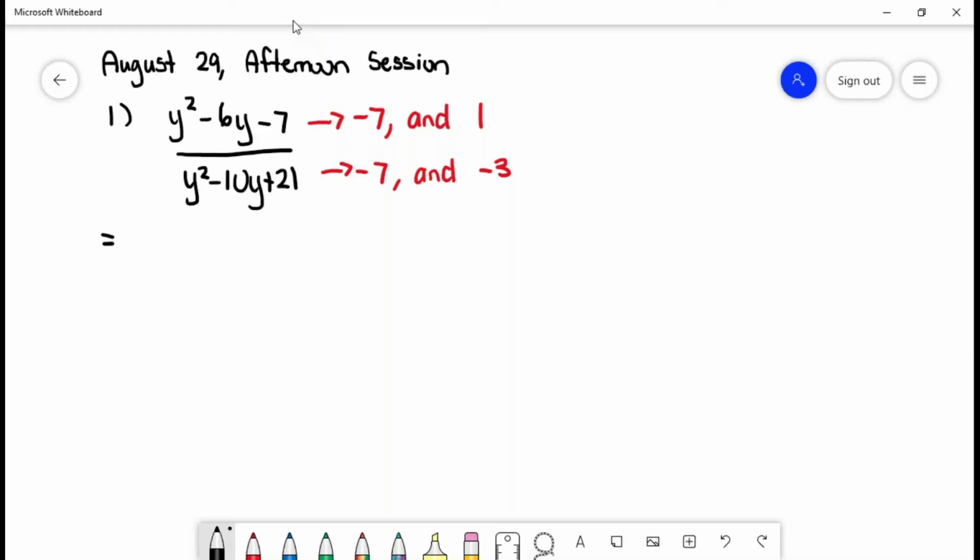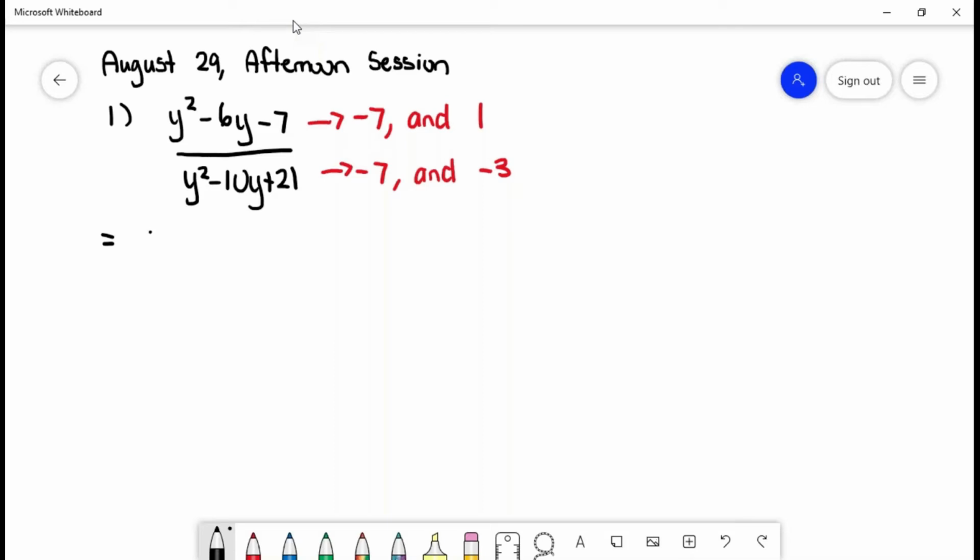What I mean by this is, first taking the polynomial in the numerator, which is y squared minus 6y minus 7, we're going to write our two numbers, -7 and 1, as coefficients of y, and create a sum of the middle term, which is -6y.